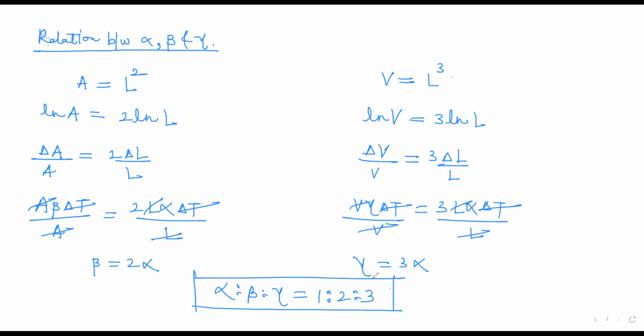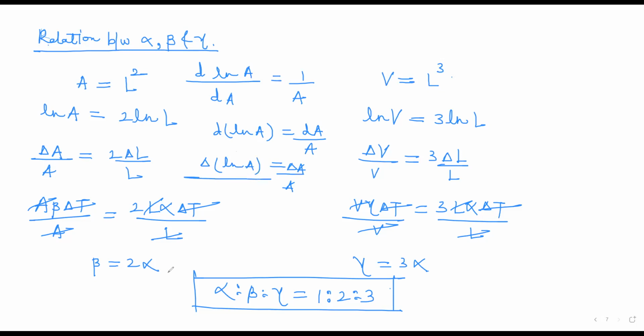You know how to differentiate it or not? देख क्या होता है बेटा, d of ln of a by dx करेगा ना इसको, तो ये क्या होगा, 1 by a होगा. d of ln of a को you can write it as dA upon a. मैंने इसी dA को डेल्टा a लिख दिया, डेल्टा a by a, and this is delta of ln of a, right? ठीक है परम.